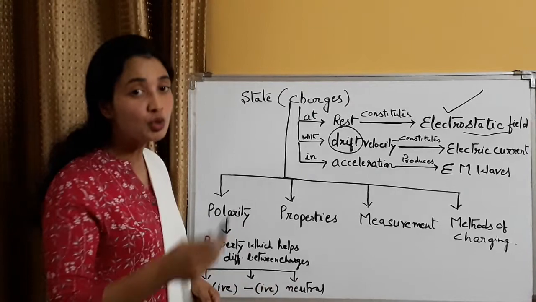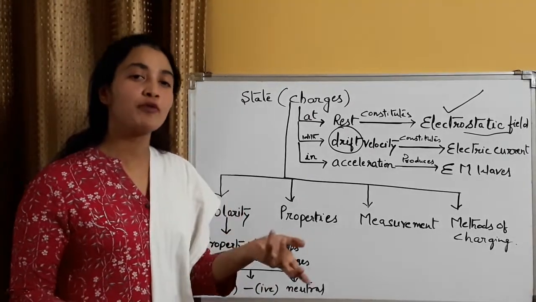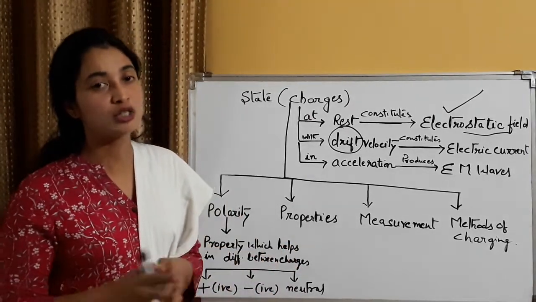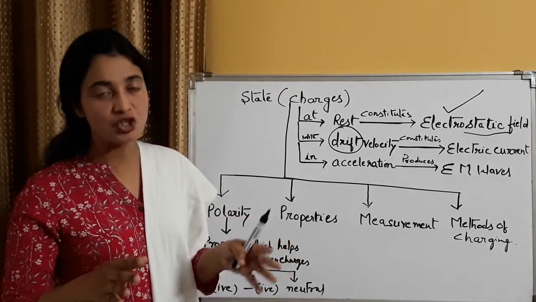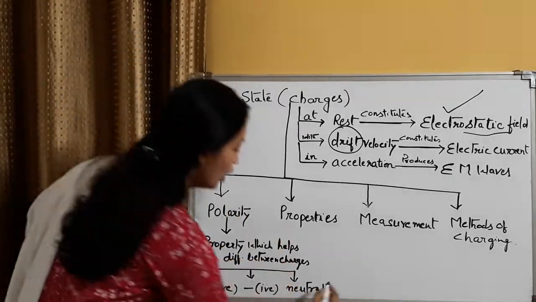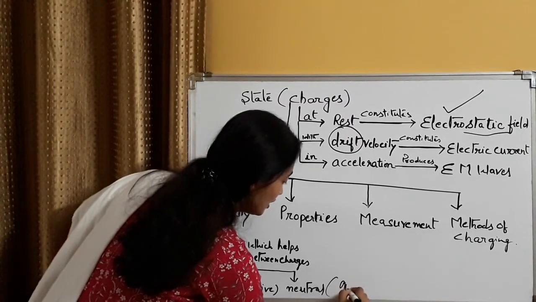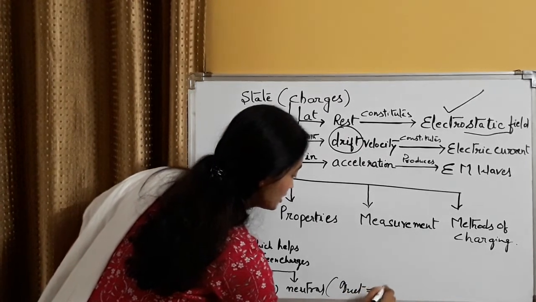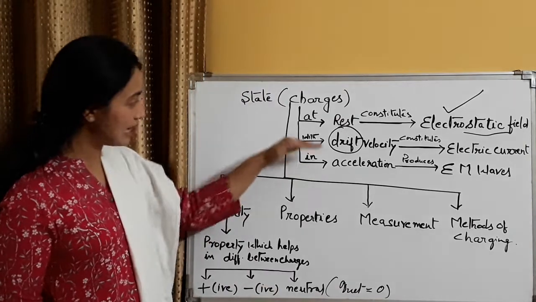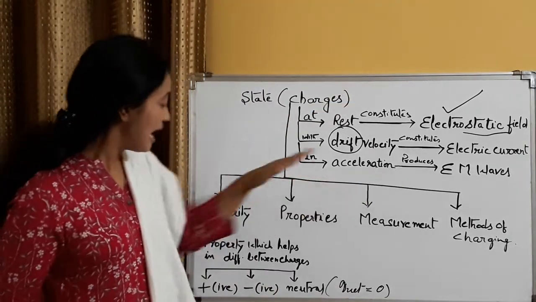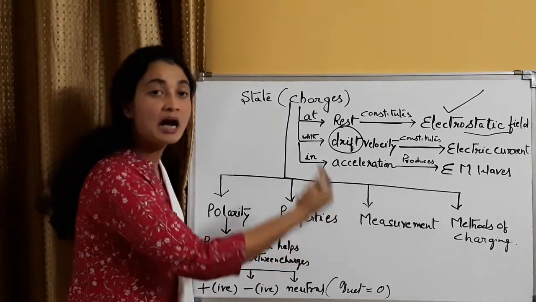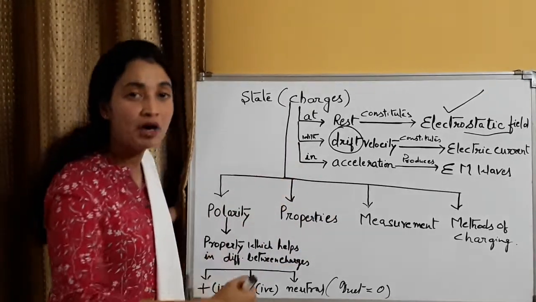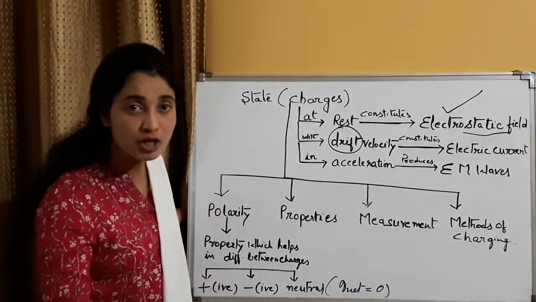Third state, neutral, means equal number of electrons and protons makes the body or the atom perfectly balanced in charges, net charge 0. You can write here Q net equal to 0. So these are the various states in which a charge can exist, and these are the different topics or headings which we are going to cover in the forthcoming lectures.